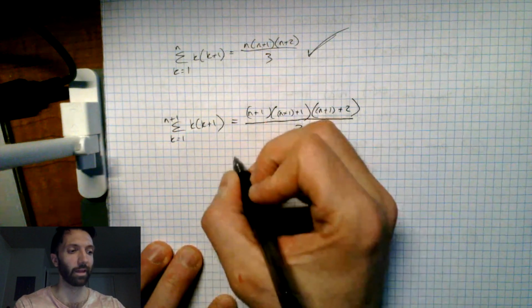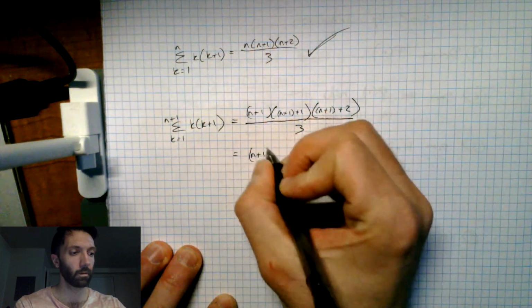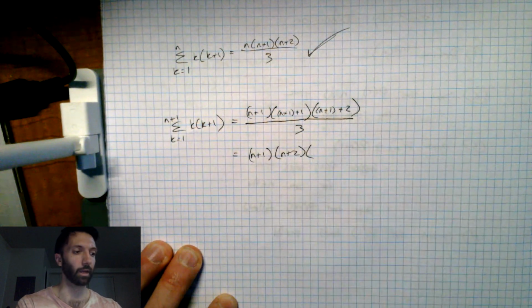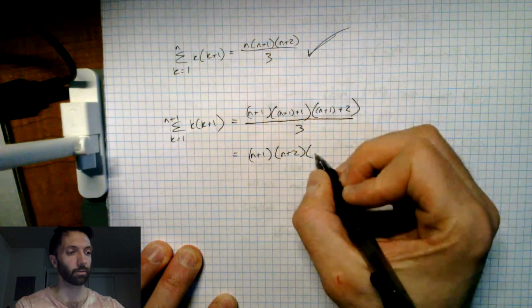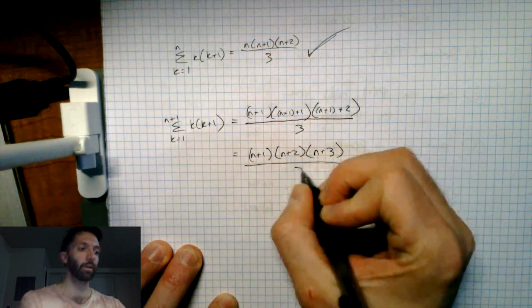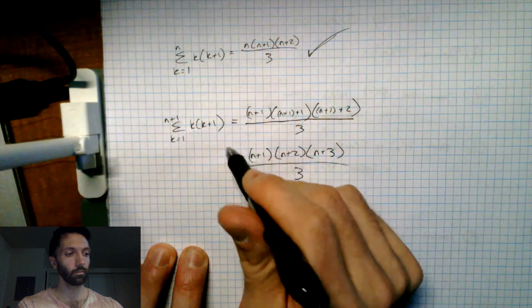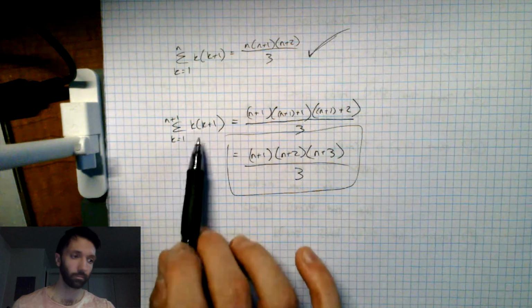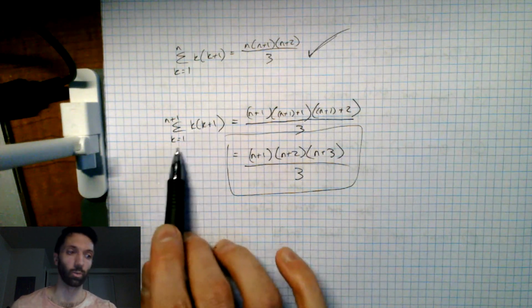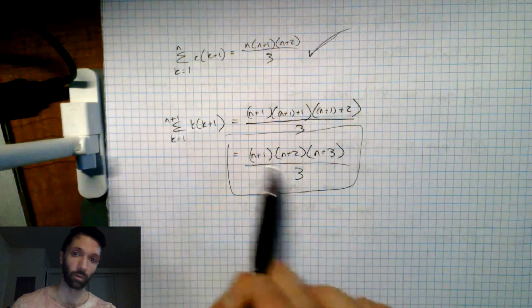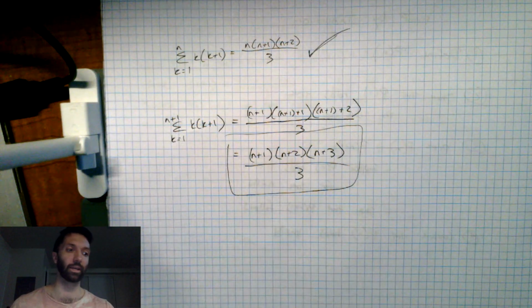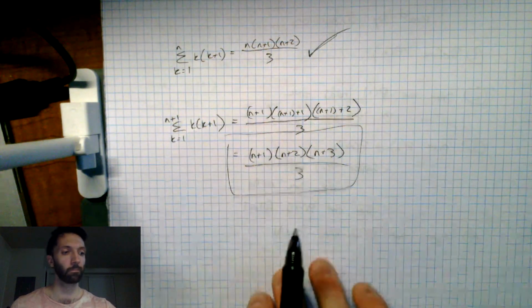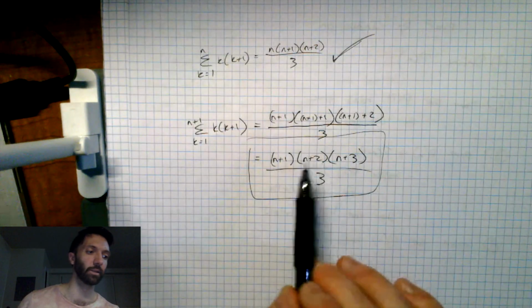And now I'm going to simplify that. So n plus 1 is just n plus 2, and n plus 1 plus 2 is just n plus 3. And so this here is what I need to show that this summation evaluated from k equals 1 to n plus 1 equals. If I can show that this equals this, then I'll have it. So keep this in the back of your mind here.